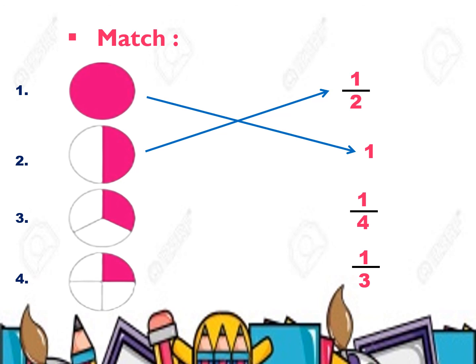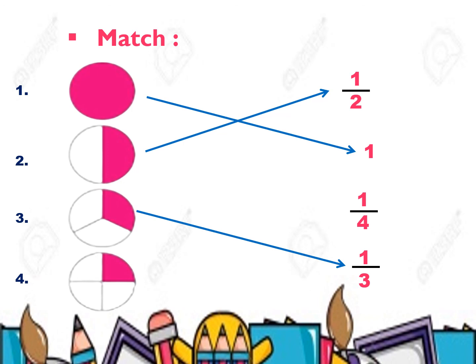The third one I have 3 parts. So the total parts 3. And I colored one part. So how can I write it in the fraction? 1 over 3. The last one I have 1, 2, 3, 4.